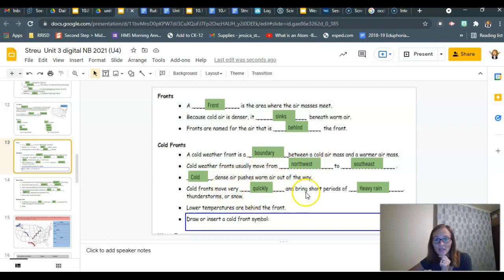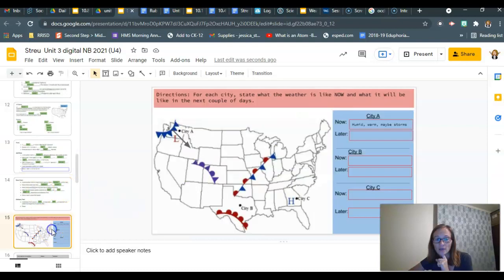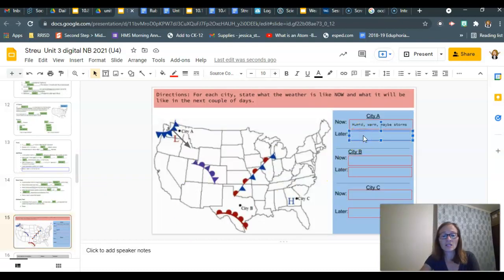They move quickly and bring short periods of heavy rain, thunderstorms, or snow. Okay, so I'm going to say that in the future, this city is going to have thunderstorms, rain, and cold because they're going to get colder temperatures.